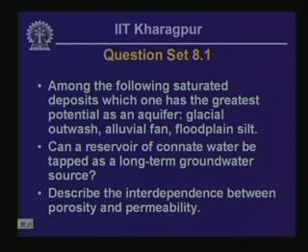Now, if you recall from our previous lesson, what I said was that in order for the geologic unit to qualify as an aquifer, we need to have a fairly coarse grain size structure of the geologic unit, and as a result we are not going to prefer floodplain silt, because that is going to have a relatively small permeability.